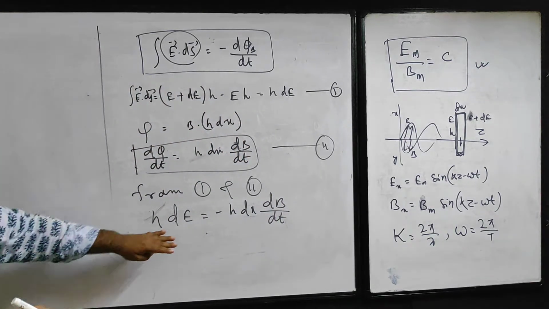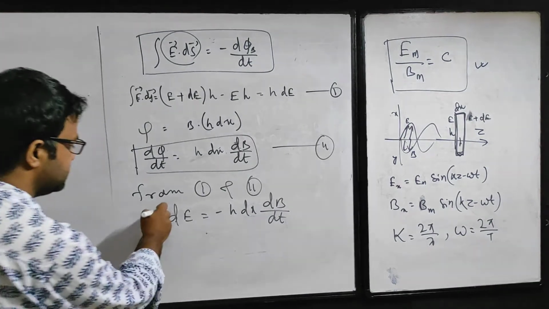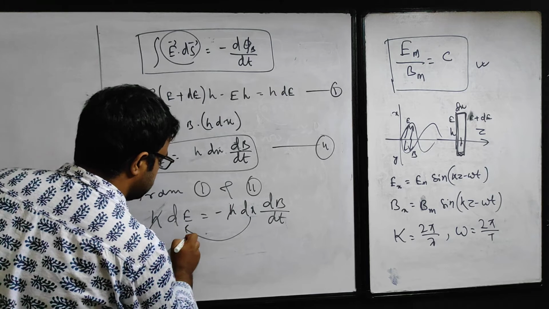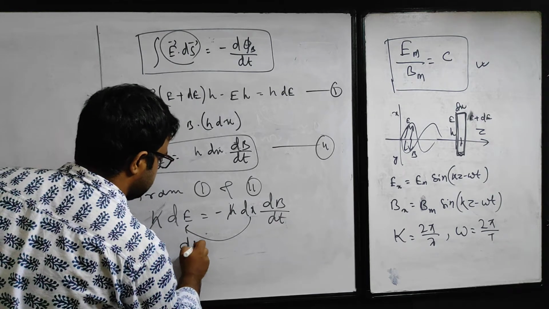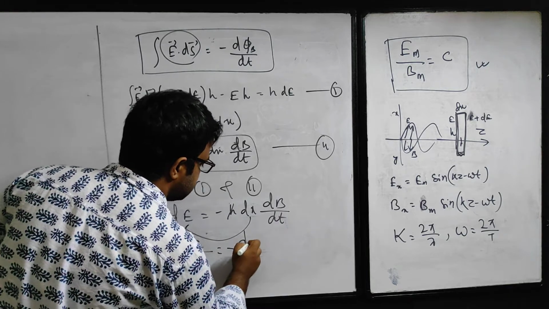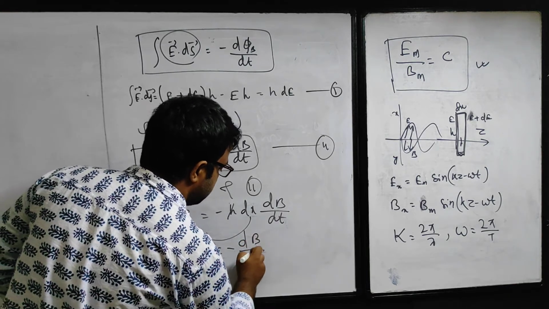Now H gets cancelled and dx I'll cross multiply, so dE by dx equals minus dB by dt.